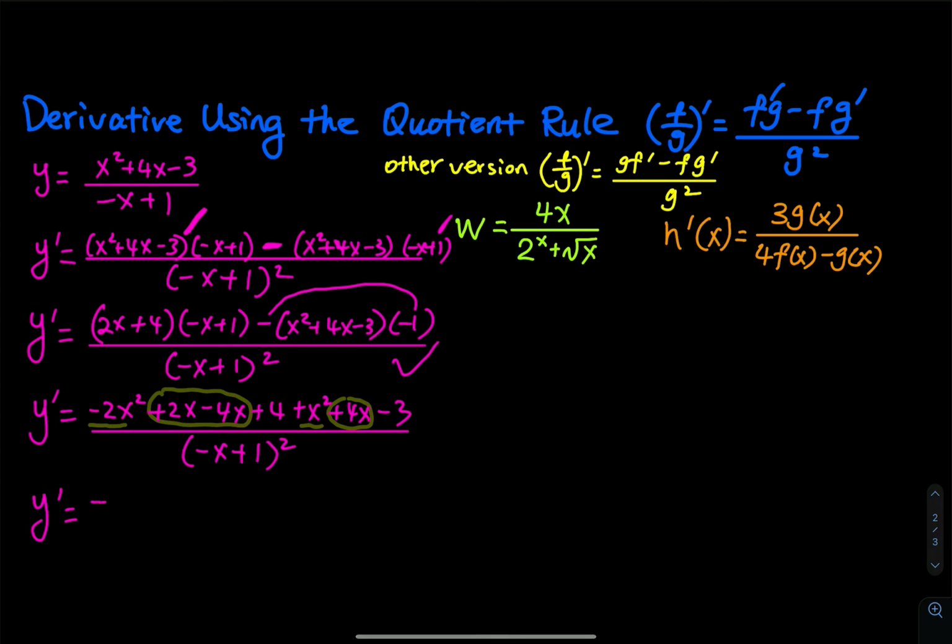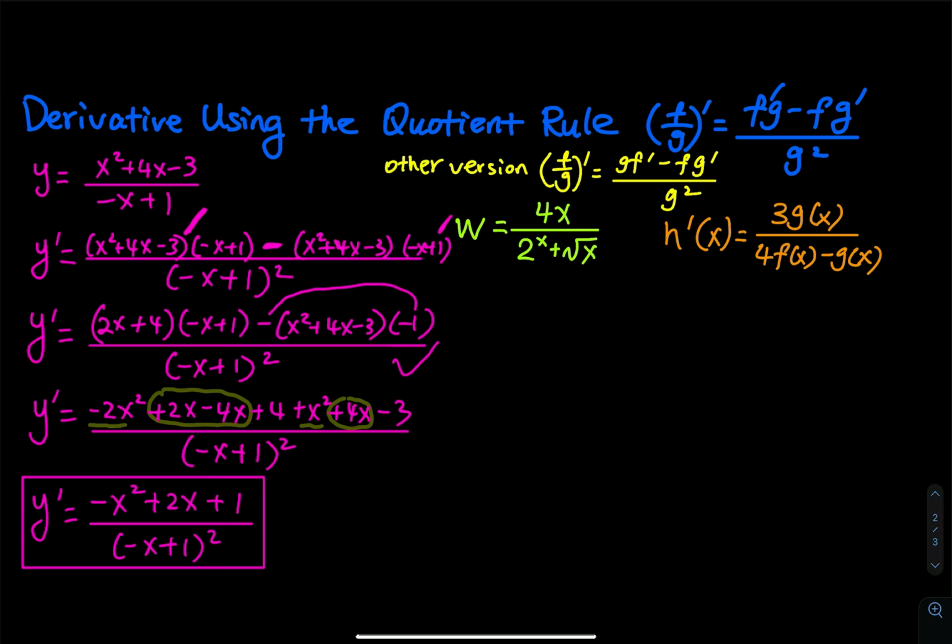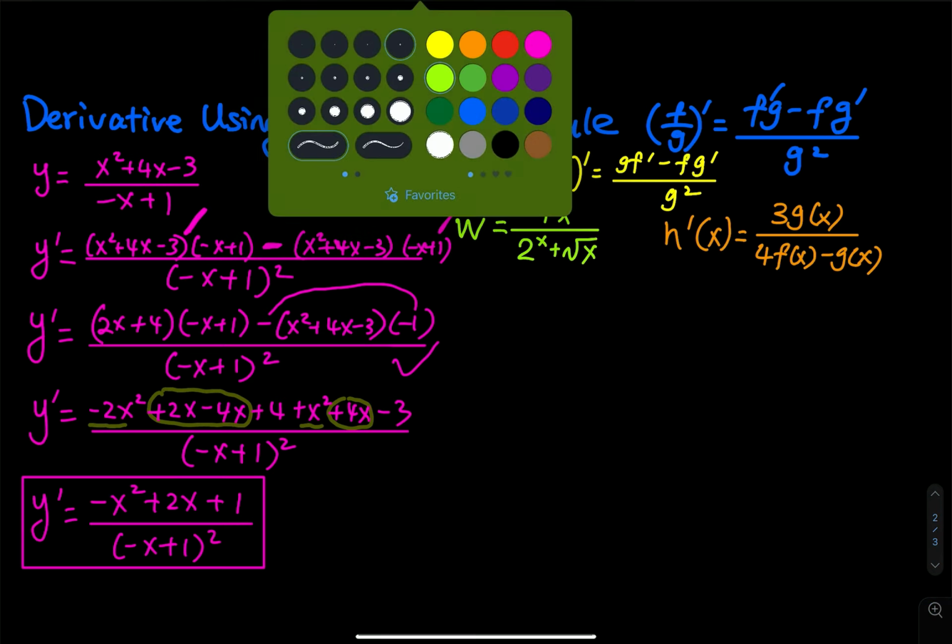Okay, the next problem, I would like to do the green problem right below that, and then I will do the third problem on the right hand side. So the green problem, that is w equals 4x divided by 2 raised to the x plus x to the 1/2, right? Using the quotient rule.